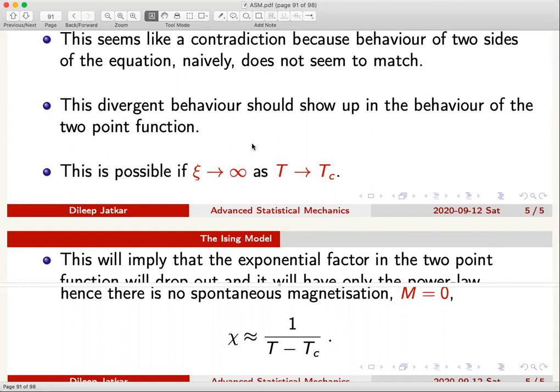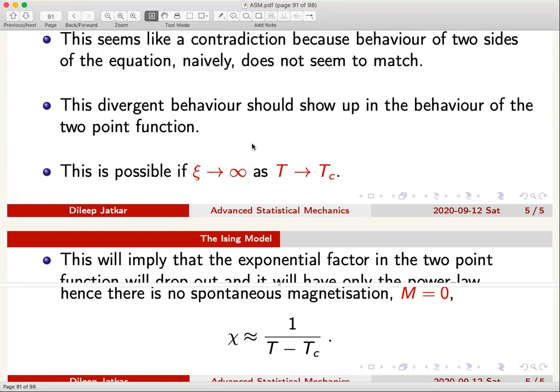Now this is consistent with our initial intuition. Remember that we said that if you look at a spin system with nearest neighbor interaction at low energies, the spins would try to align in the same direction, consistent with the nearest neighbor interaction, and no thermal energy is available to dislodge or make the spins point in different directions at low temperatures.